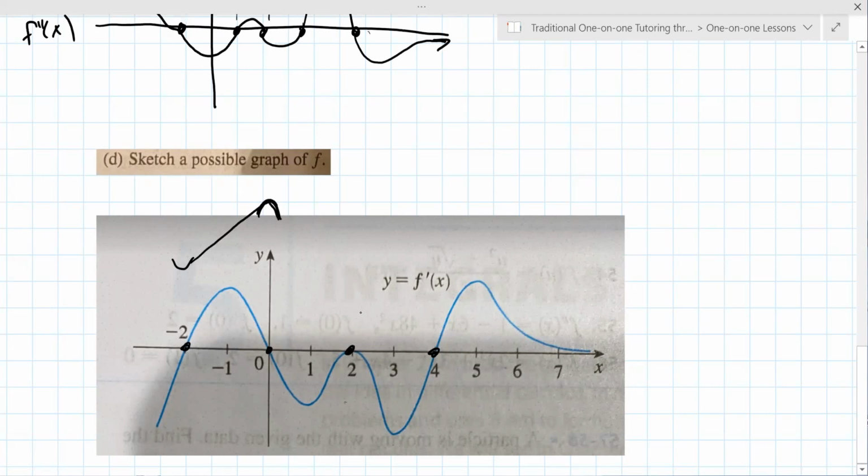I'm sorry, this is nothing. This is just a horizontal tangent, so it actually comes down. And then here it's another min, so it mins out right there. And then something like that, up like that. Really rough, but that is approximately what it could look like.